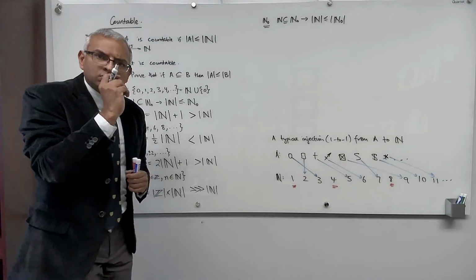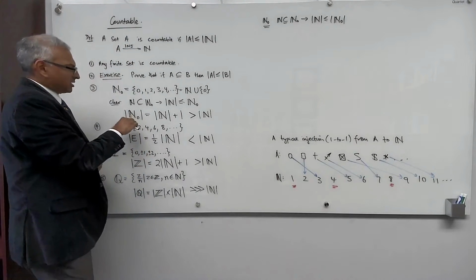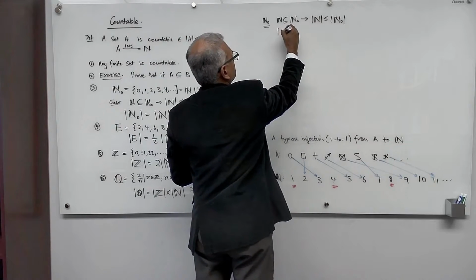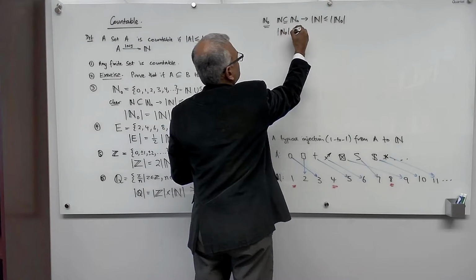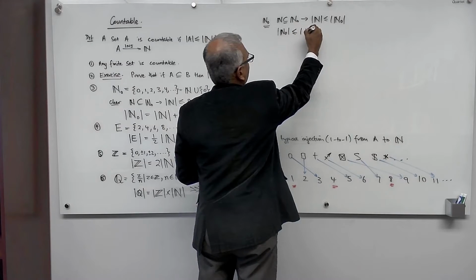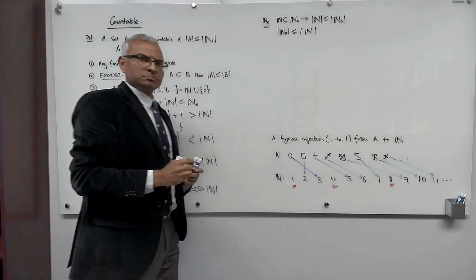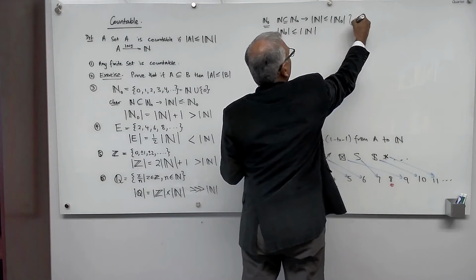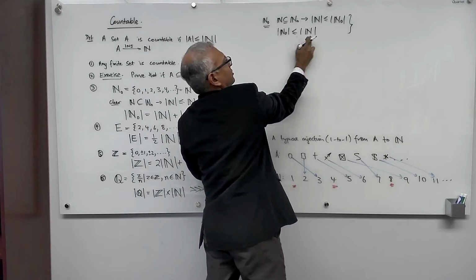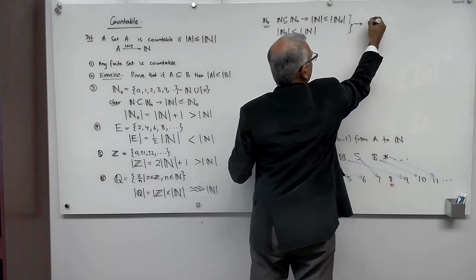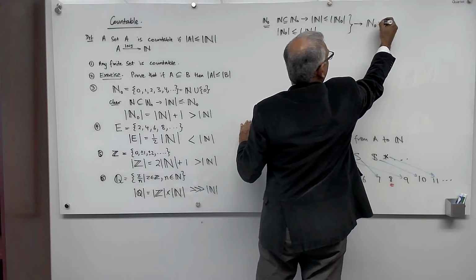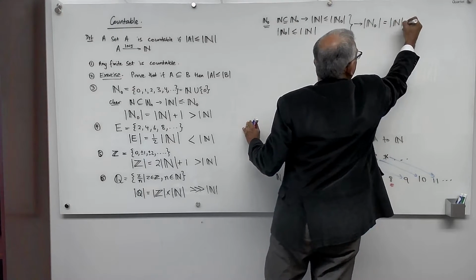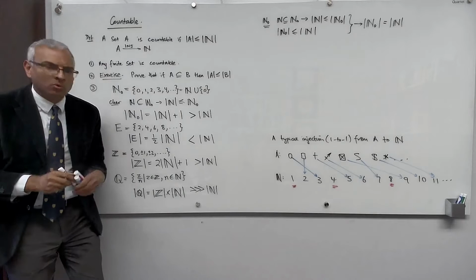Now, I'm going to prove that the cardinality of N0 is less than or equal to the cardinality of N. Okay. And together, so N is less than or equal to N0, N0 is less than or equal to N. So together, this means that the cardinality of N0 is equal to the cardinality of N. Oh, that's a blow.